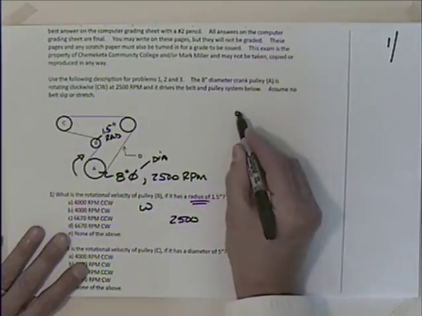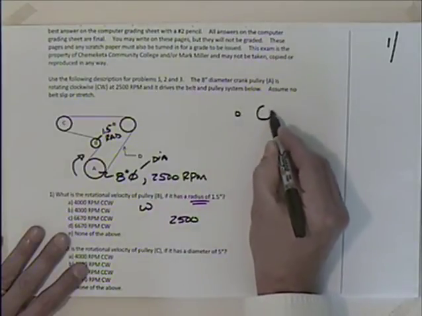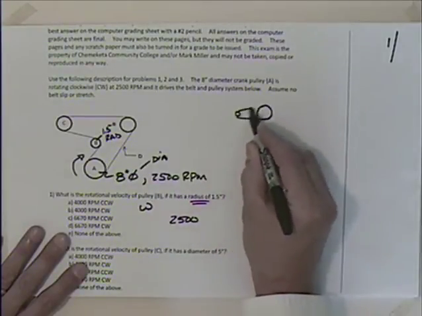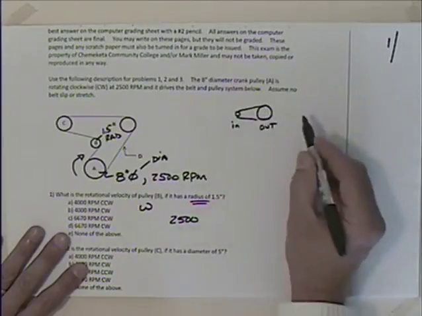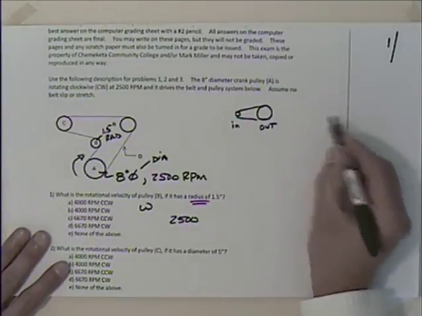Remember, I think in lecture we saw that if we had a small driving a large, so this was in and this is out, that slowed it down.